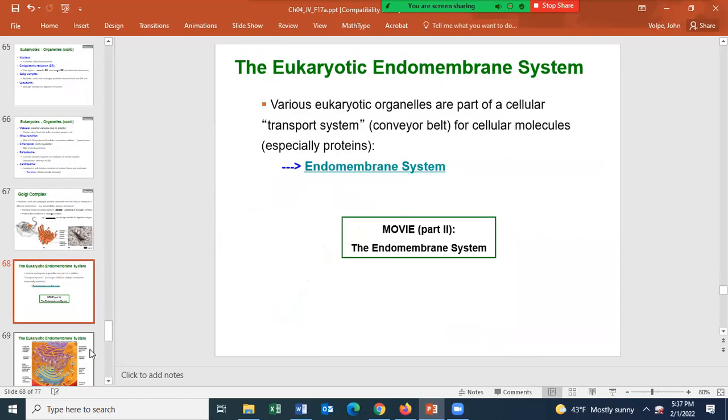The endoplasmic reticulum makes lipids or proteins. And if it's the rough ER, it has the ribosomes attached to it, in which case it's making proteins. If it's smooth ER, then it is not making proteins. And smooth ER does not have ribosomes attached. The smooth ER tends to make lipids.